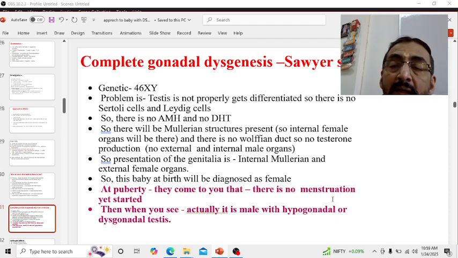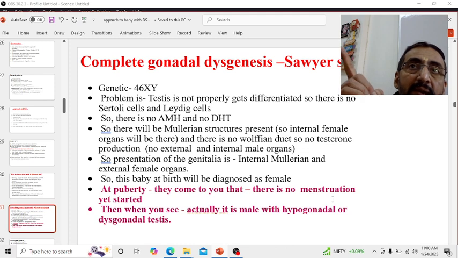Many times this problem is clearly understood only at the time of puberty. At the time of birth, there are no internal and external organs related to the male, so the child is diagnosed and named as female, although it is XY. But the problem starts actually when it reaches puberty.